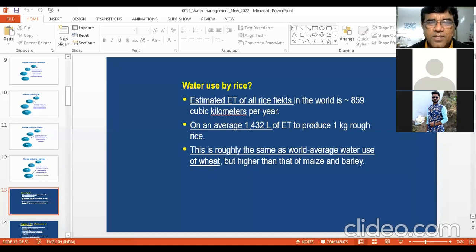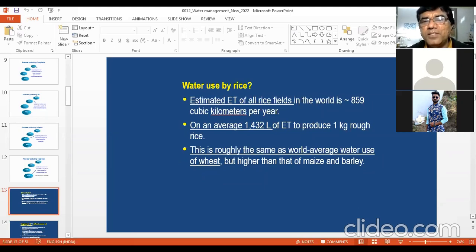1,432 liters. These figures vary with the people who are reporting them. So sometimes you will find people say 3,000 to 5,000, sometimes 1,000. So these values change with the person reporting because conditions may be different. Your climatic condition, soil condition, variety condition, all these conditions may be different.